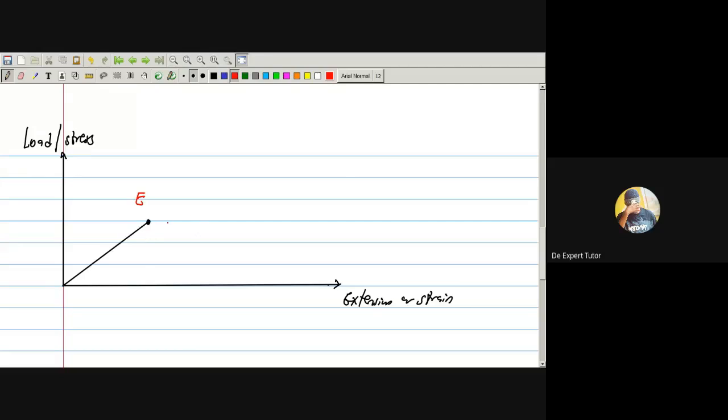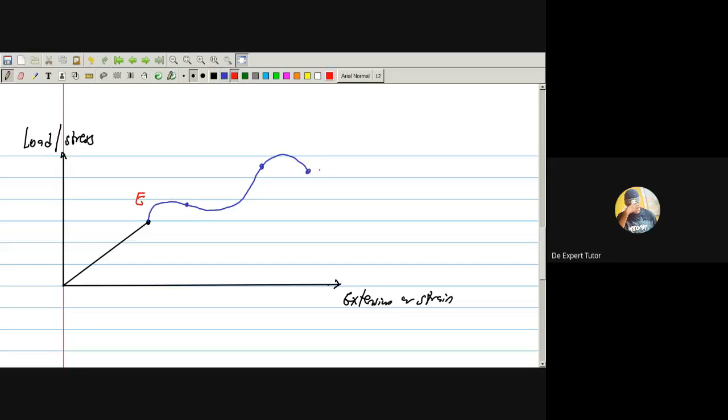But what happens if I extend beyond the elastic limit? Then I'll be having something like this. Pay attention. We have this point, this point, and lastly this last point.